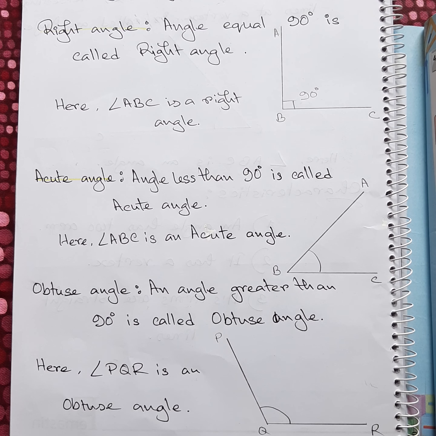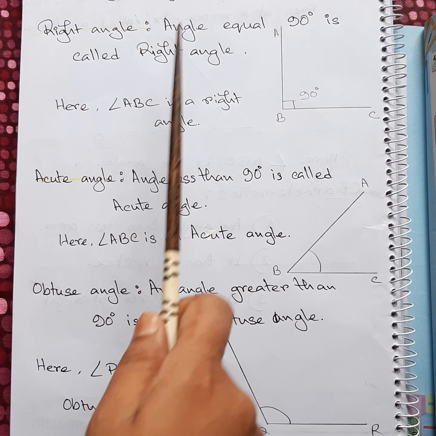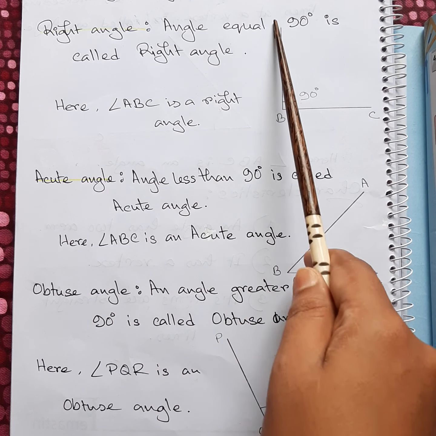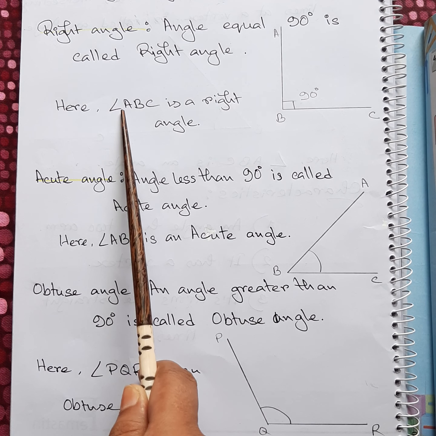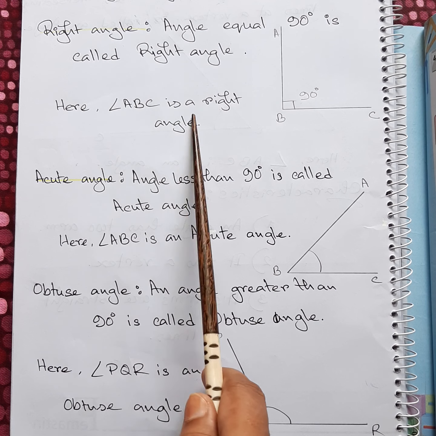From here you can see I have written down the right angle over here, and a right angle is an angle equal to 90 degrees. So that is the angle here, A. I have given you the angle sign over here. You have to give it, don't forget about it. Angle ABC is the right angle.